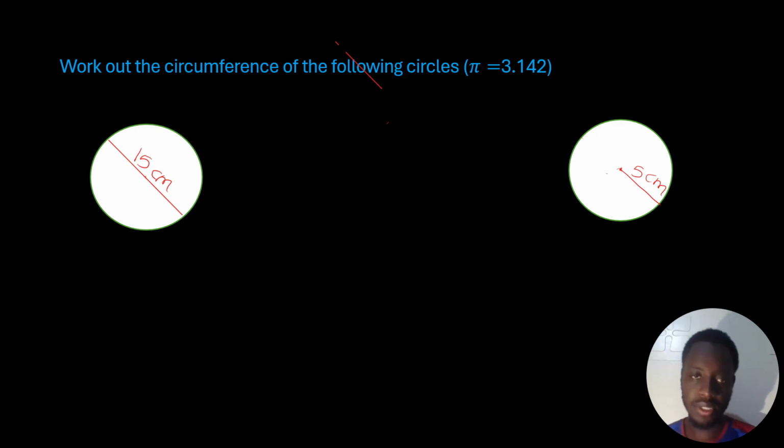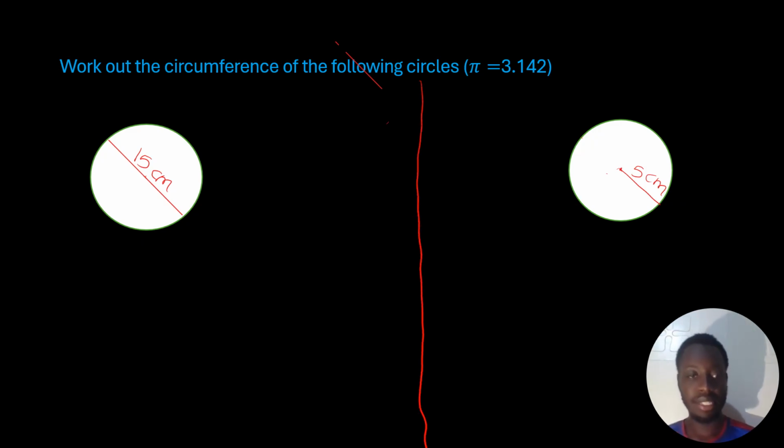Work out the circumference of the following circles. We have been given pi as 3.142. In the first circle, we have been given diameter as 15, while in the second circle we have been given radius as 5. Let's split this.